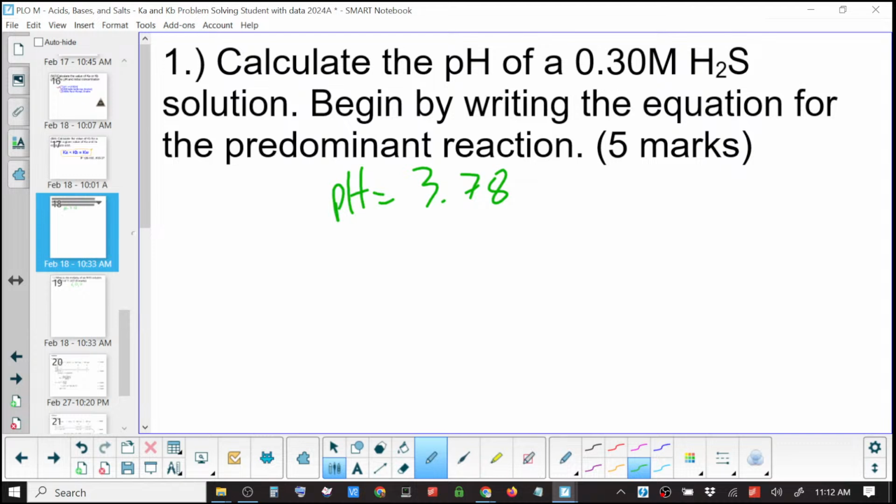We got the wrong answer doing it the right way. You got x squared. You got left 0.3. That's great. I don't think you have the right Ka. What's the Ka for H2S? Where's H2S?